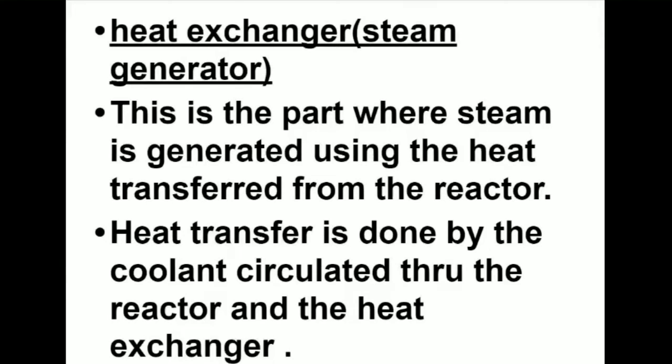So, when the coolant circulates inside the reactor vessel, it captures the heat and brings it out. When it passes through the heat exchanger where water is being kept, the coolant transfers the heat collected to the water kept in the heat exchanger so that the water is converted to steam.